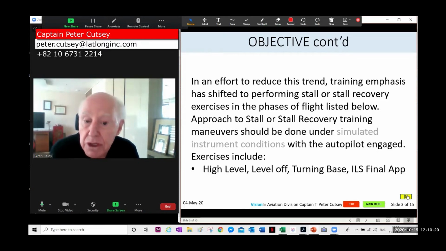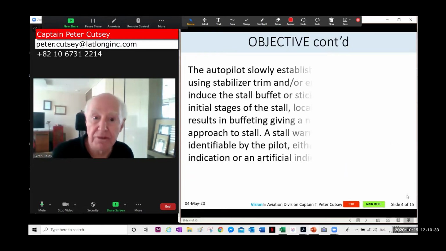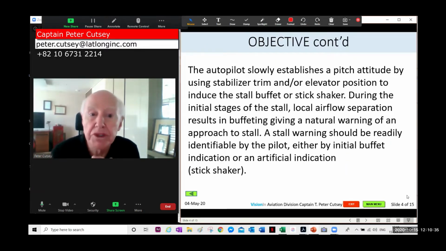The exercises include high level stall, level off stall, turning base stall, and ILS final approach stall. These terms are out of the FCTM. The autopilot slowly establishes a pitch attitude by using stabilizer trim and/or elevator position to induce the stall buffet or stick shaker.